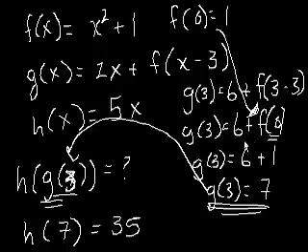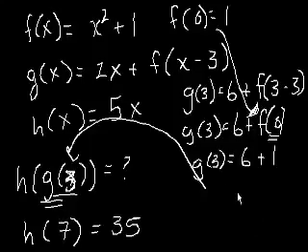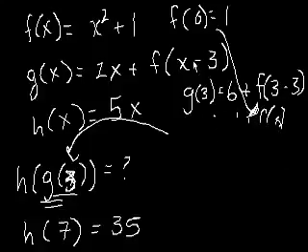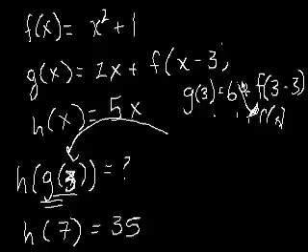Actually, let's do another example with the same set of functions. I don't want to keep confusing you with new functions. Let me erase this as fast as I can. I think I'm getting faster at this erasing business.